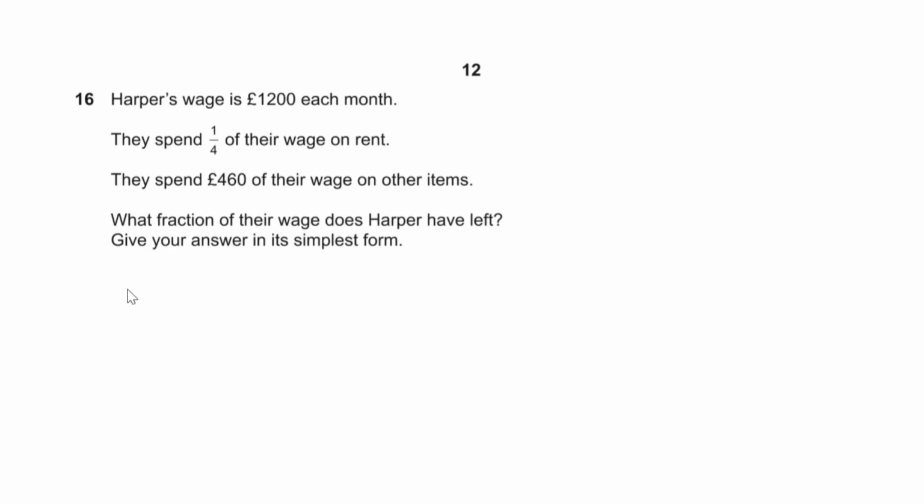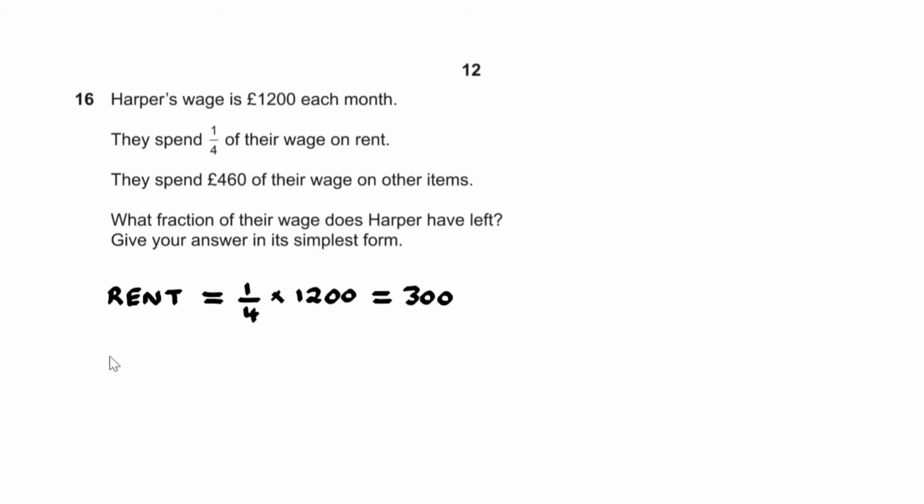So the first thing we can do is find out how much they spend on rent. The amount they spend on rent, well, that's 1/4 of the 1,200. So we've got 1,200 divided by 4, which is £300. So they spend £300 on rent.